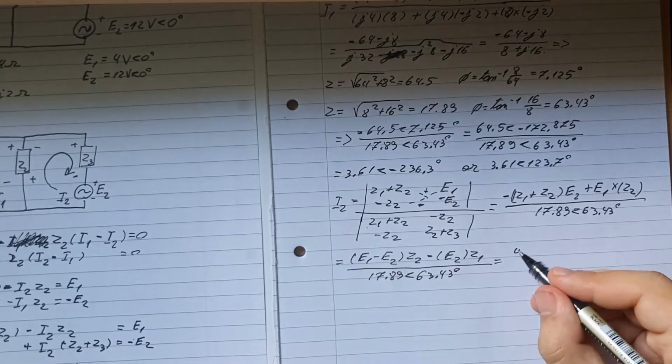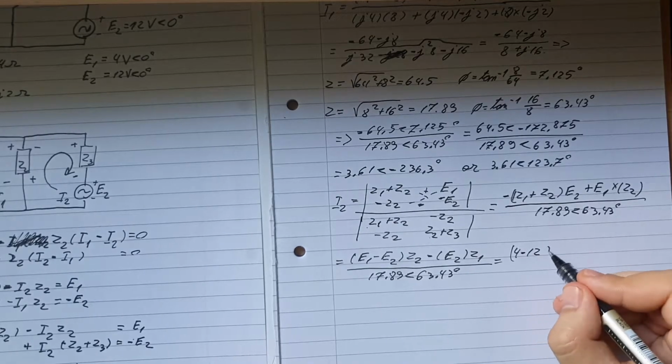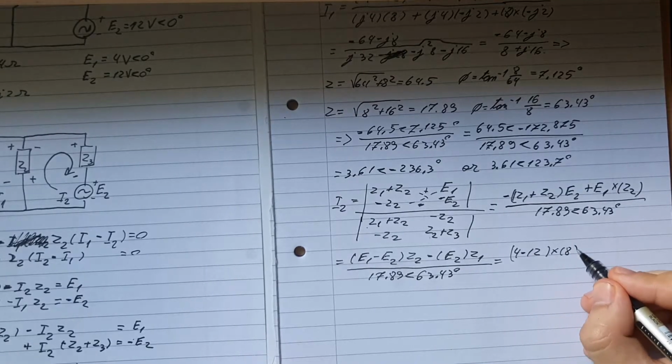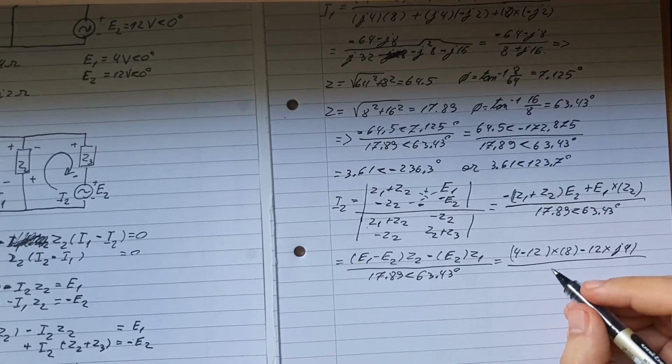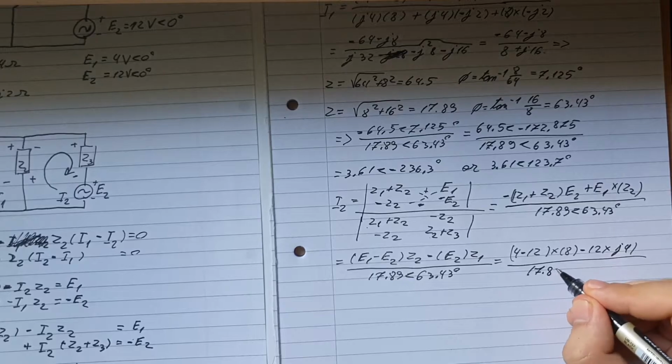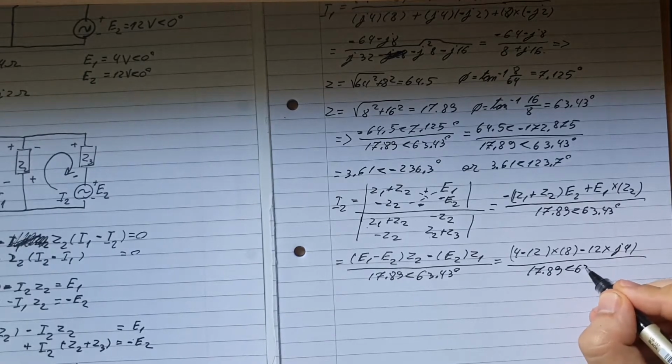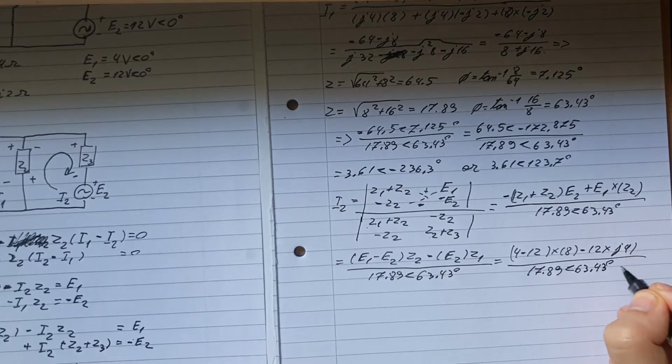That will be equal to 4 minus 12 multiplied by 8 minus 12 times j4, all of it divided by 17.89 at an angle of 63.43 degrees.